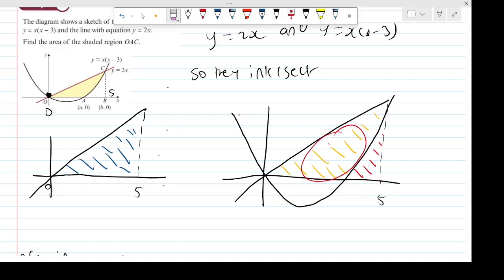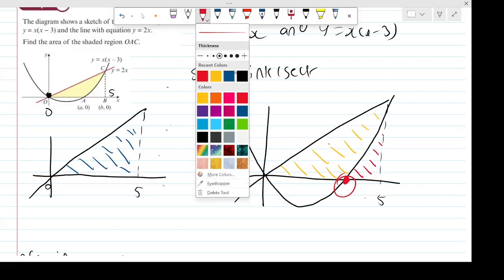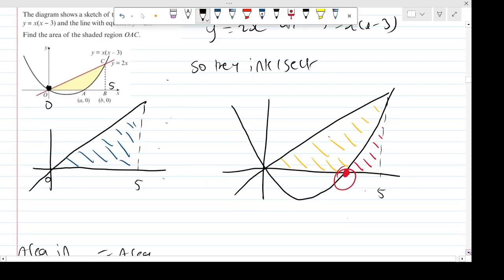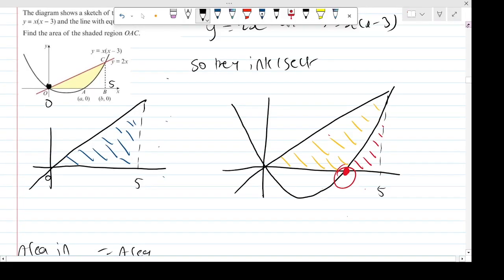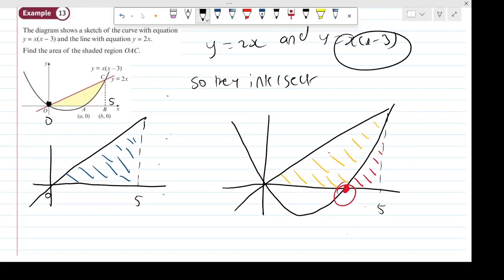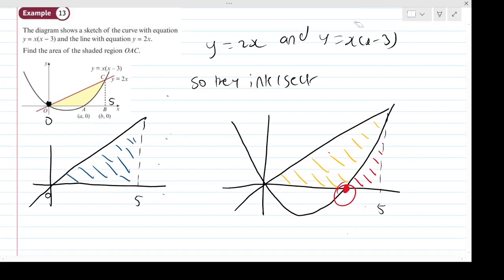Well, the area in red, hopefully you spot. Actually, we can find what this point is, where the curve crosses the x-axis. Remember the curve is this equation here. If I set x(x minus 3) equal to 0, it crosses the x-axis when x is 0 or x is 3.